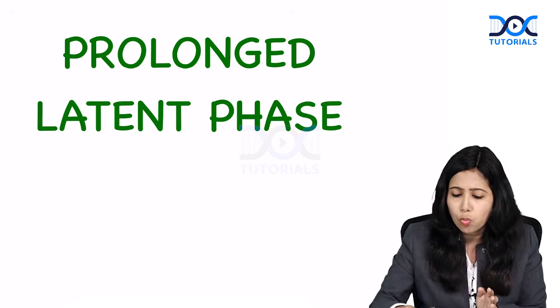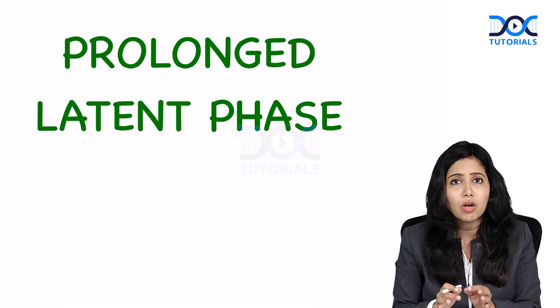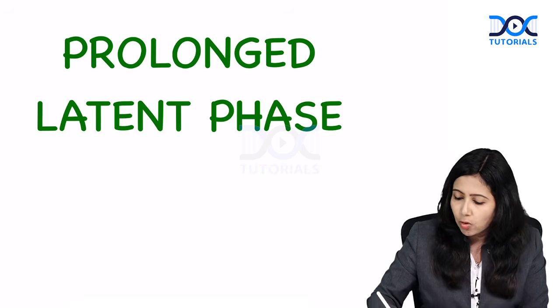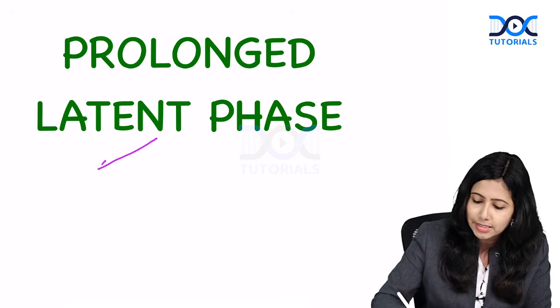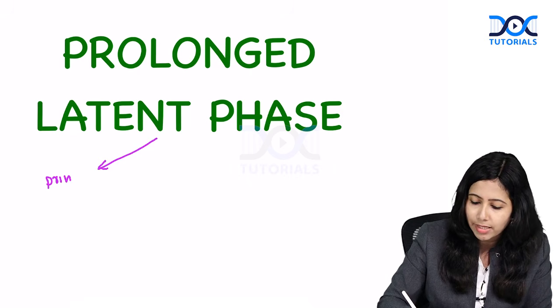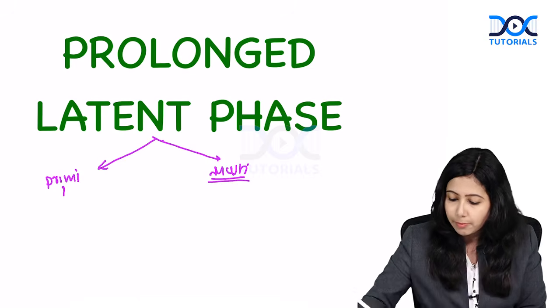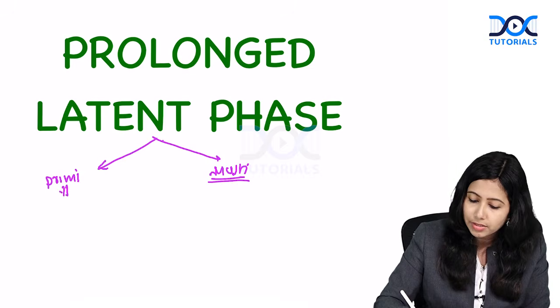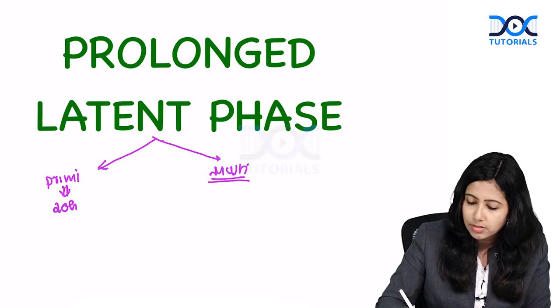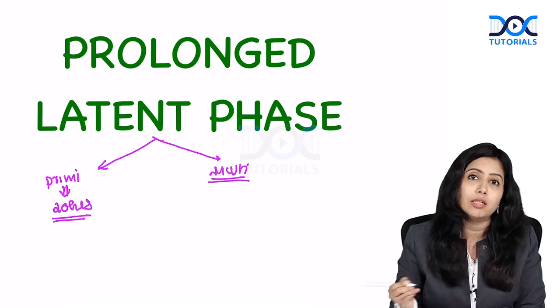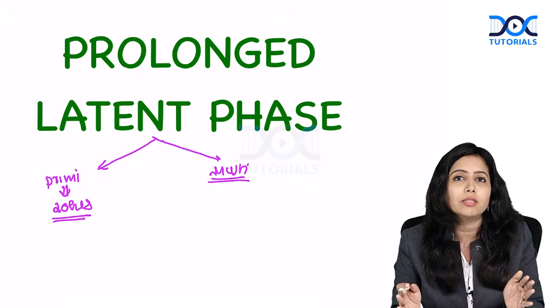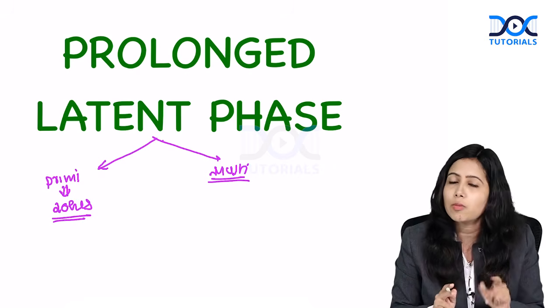So let's see the normal duration of the latent phase, which is slightly different in primigravida and multigravida. In primigravida, the cutoff is 20 hours. Beyond 20 hours, we'll call it prolonged.